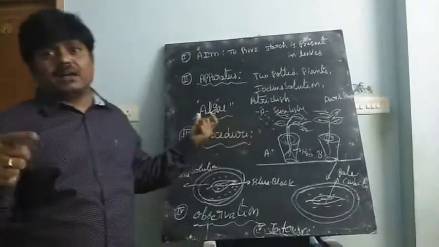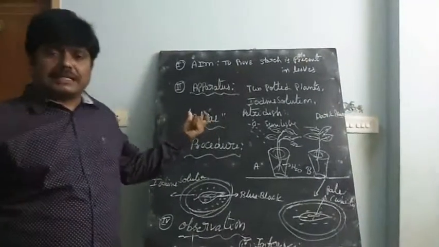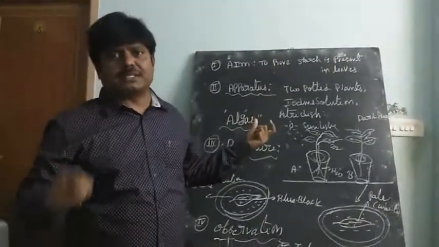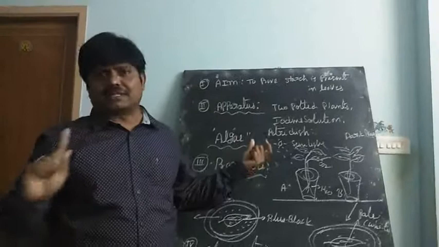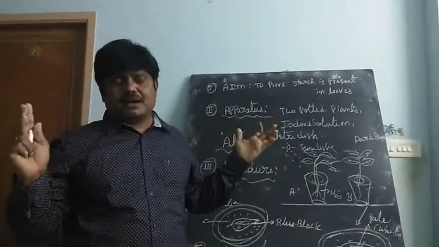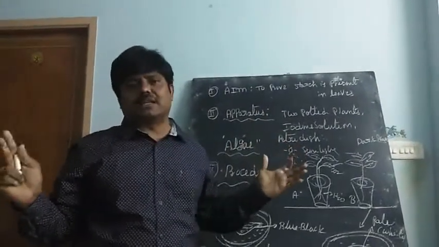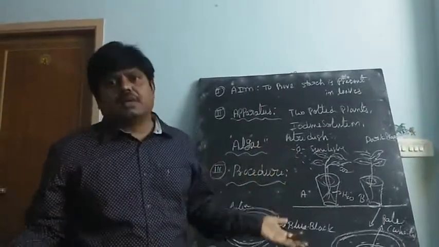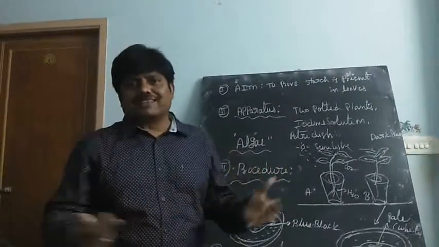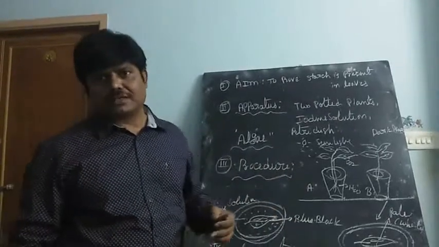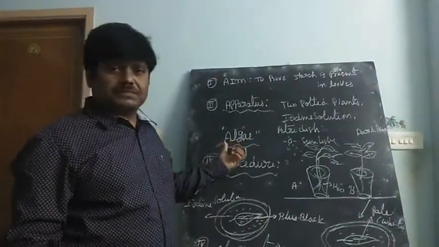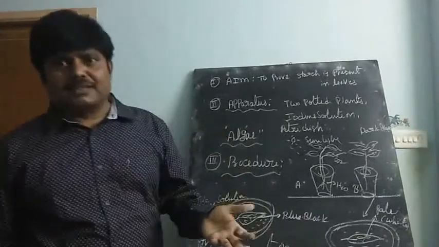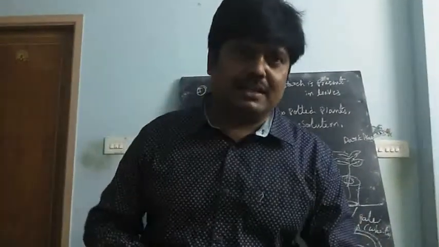Because algae also have chlorophyll pigments, they also prepare starch; photosynthetic activity happens. That's why green substances like plants are present in stagnant water. Okay, clear. We'll discuss this further in the next classes.